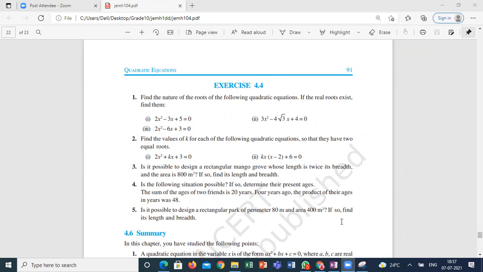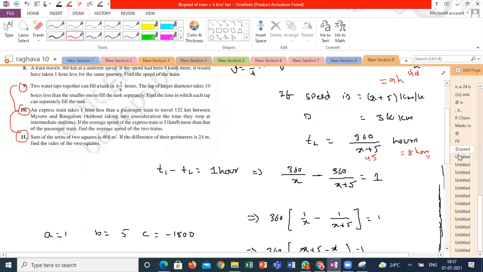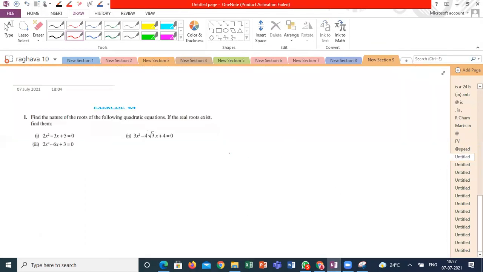So here, nature of the roots. Before going to the nature of the roots, check the existence of the roots. The first equation is 2x square minus 3x plus 5 is equal to 0. Delta is equal to b square minus 4ac. For existence, finding the delta value is the key.